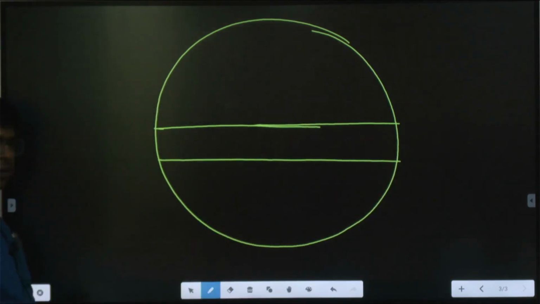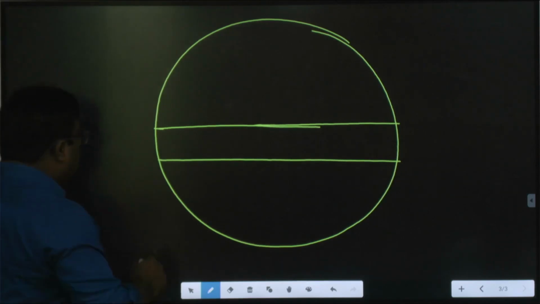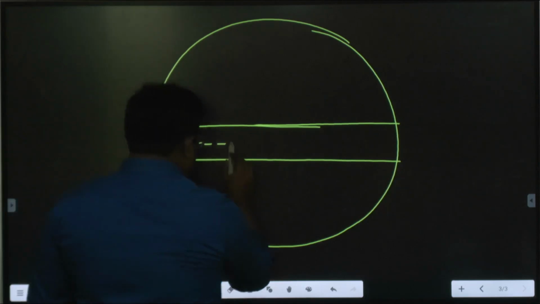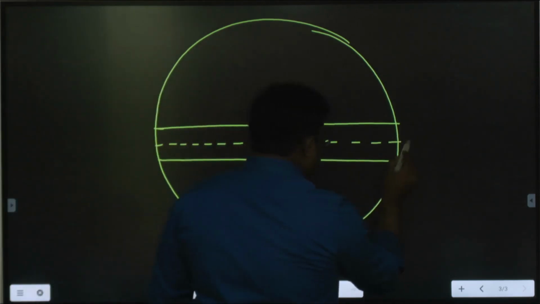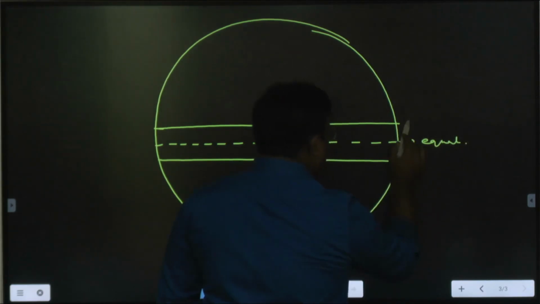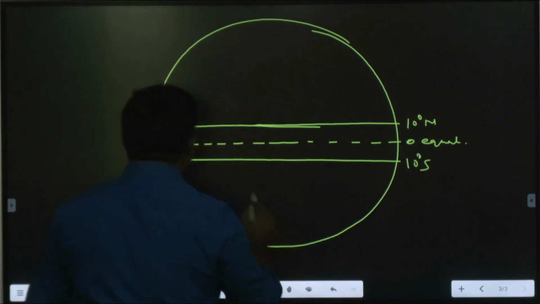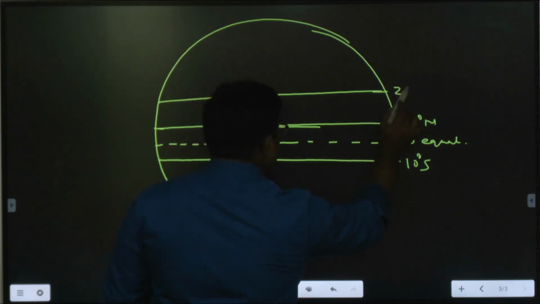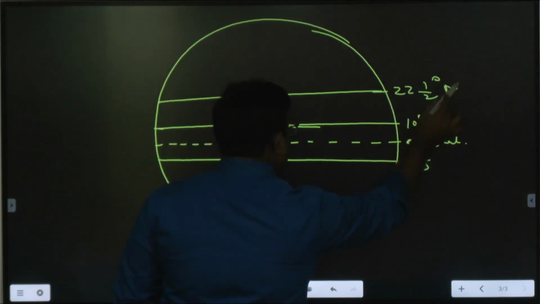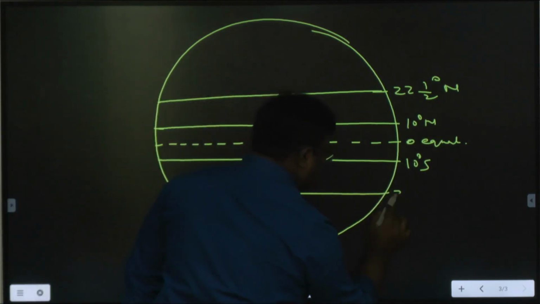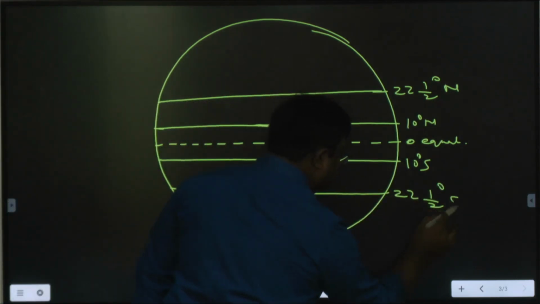Probably you may be familiar with these names. Let's say this is the equator, 10 degrees north, 10 degrees south, 22.5 degrees north, and 22.5 degrees south, right?